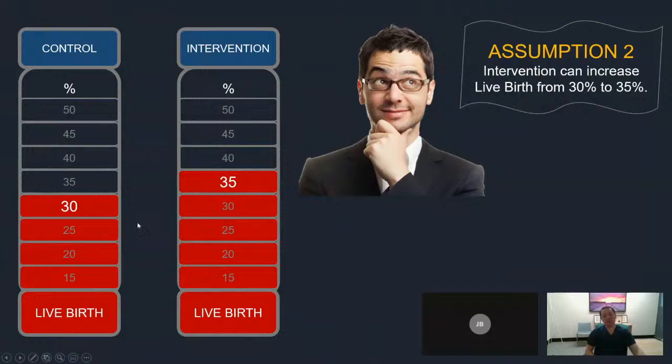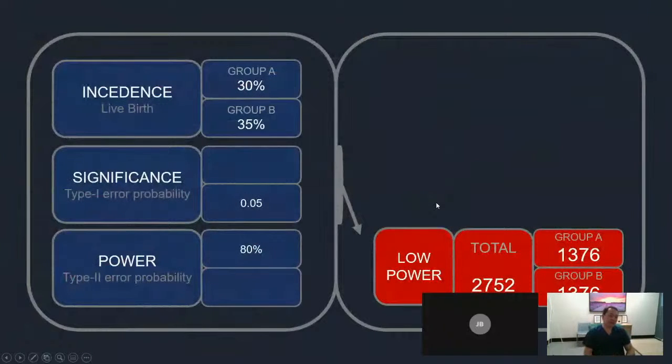So we assume this intervention will increase success from 30 to 35%. Let us examine what happens in actual numbers needed for a research study. So here we can see that if we say an increase from 30 to 35%, power set to 80%, significance set to 0.05, it's the bare minimum.